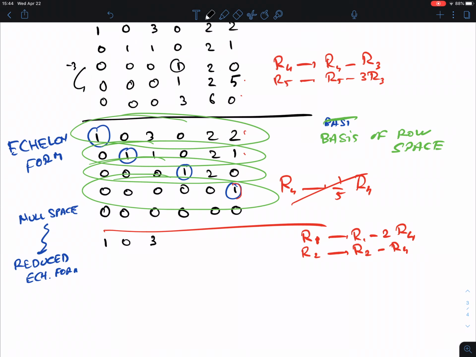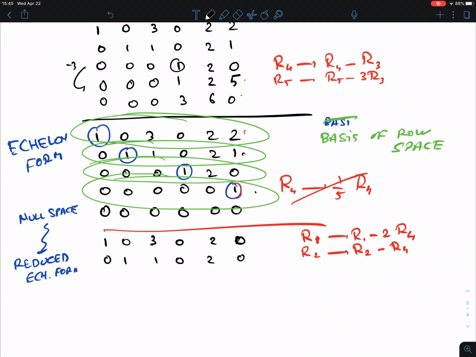1, 0, 3, 0, 2, 2. No, sorry, 0, right? Yes. So we multiply this with negative 2 and add up there, and we multiply this with negative 1 and add up there. Since there are zeros everywhere else, it actually is rather simple in this case. So that's what I get.